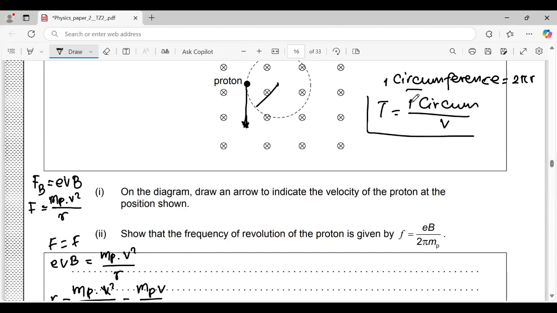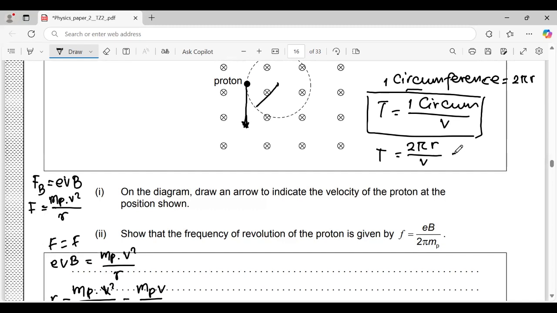This is the formula to calculate time taken for one circumference. Next, one circumference formula is 2 pi times r, so it means 2 pi times r over velocity, right?